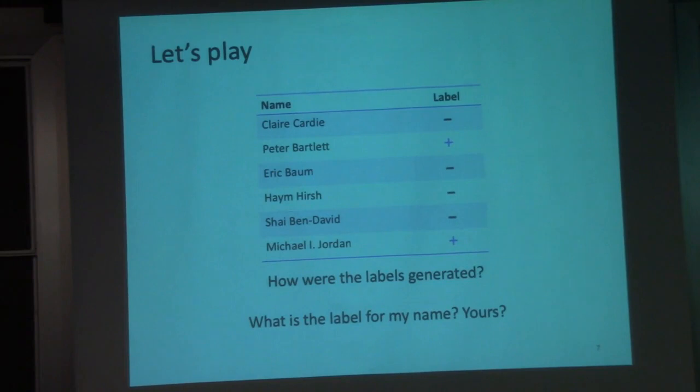Can we just say if your first name starts with D or something? Yeah, of course. That's very good. This is another one. Why? We only have 6 examples, so for all of those 6 examples, you can come up with many perfect functions or rules that can generate those labels correctly.